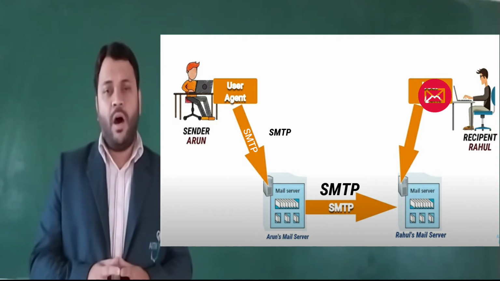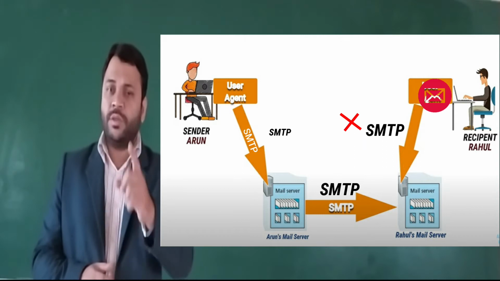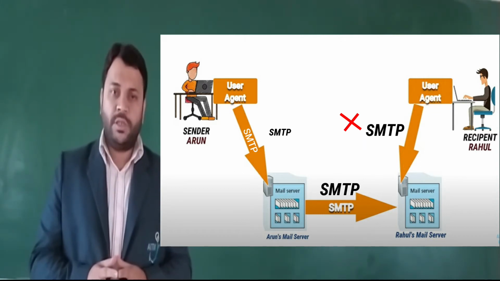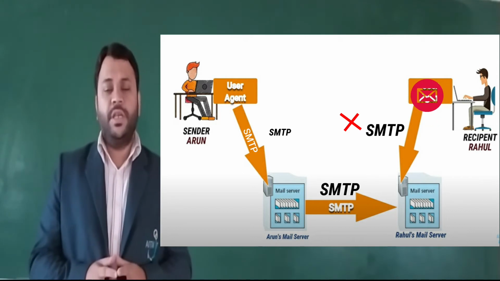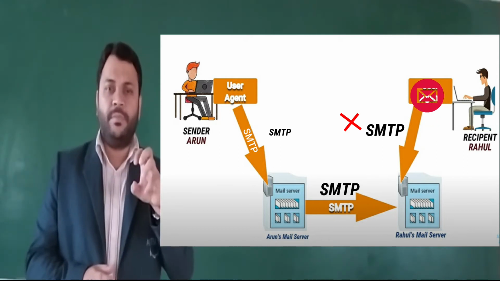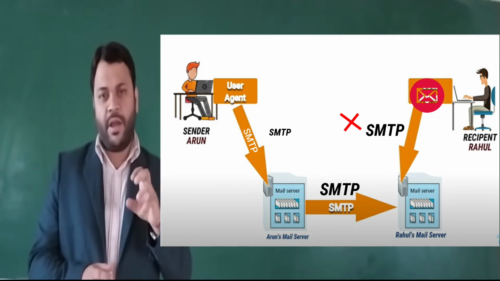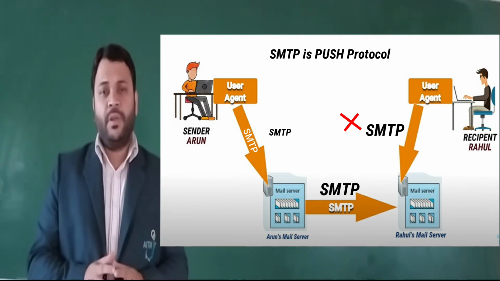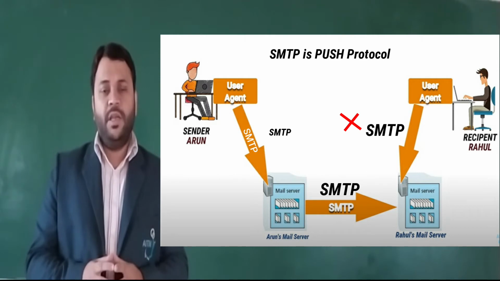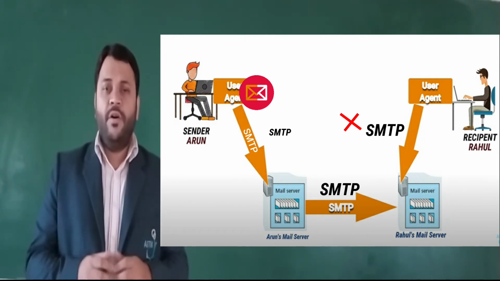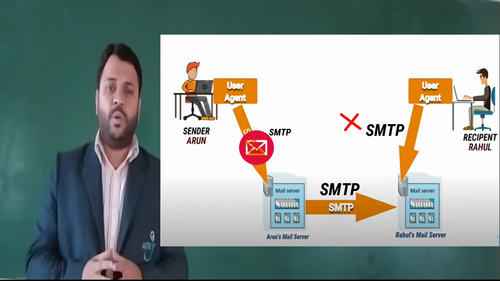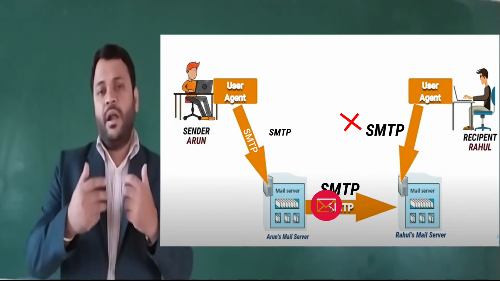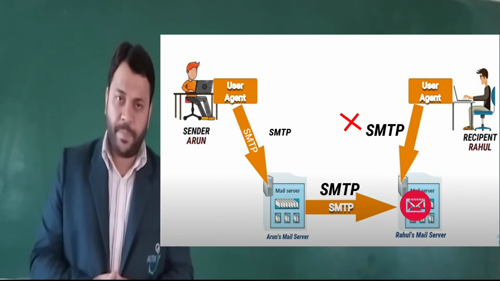Note that Rahul's user agent cannot use SMTP to obtain the messages, because obtaining the messages is a pull operation, that is, a pull protocol we require, whereas SMTP is a push protocol. That means SMTP is used to send messages from Arun's user agent to the mail server and from his mail server to Rahul's mail server.